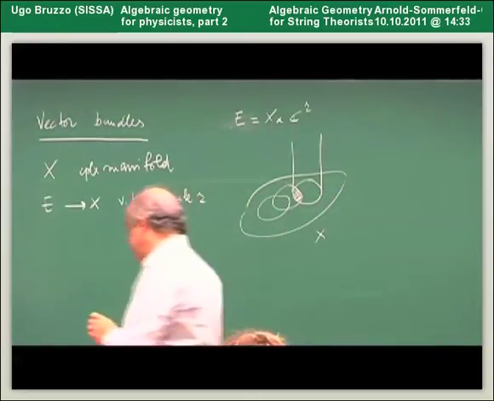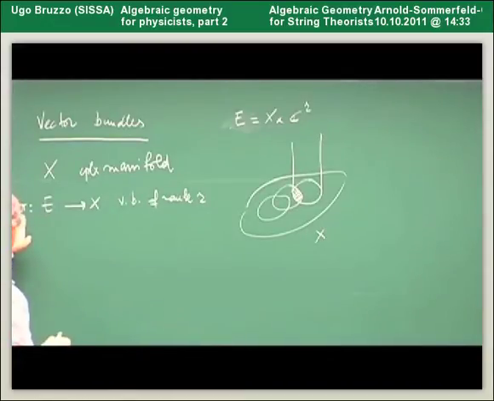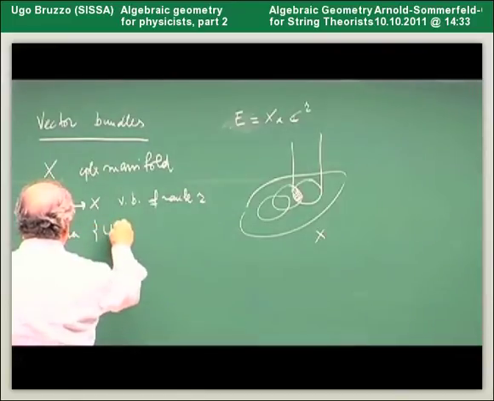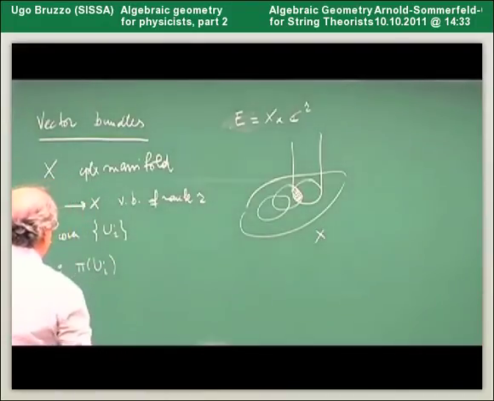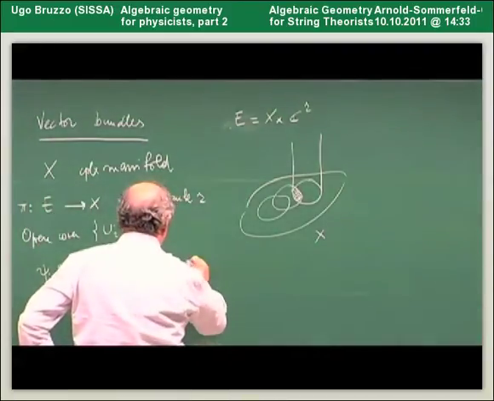So the idea is that a vector bundle of rank R is another complex manifold E with a surjective holomorphic map from E to X and an open cover, say U_i, together with maps psi_i, say, from the inverse images of these open sets to U_i times C^R.